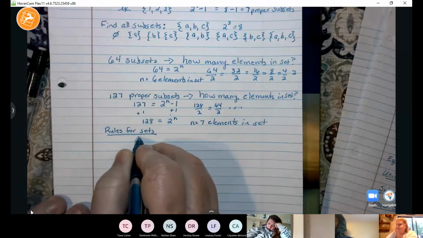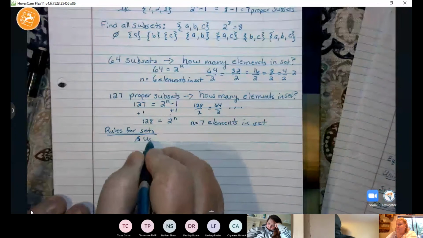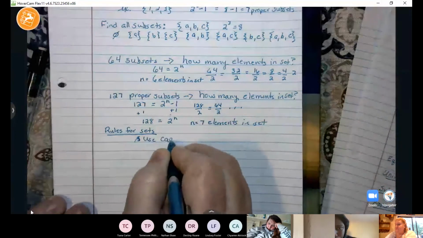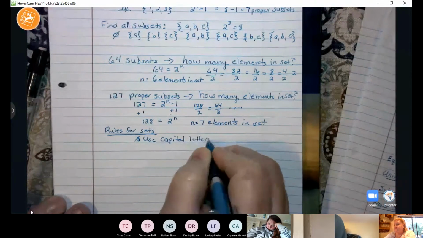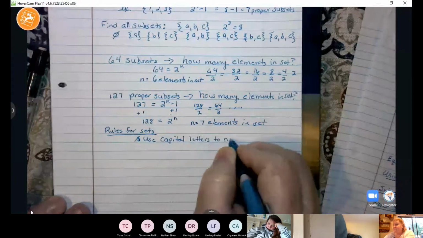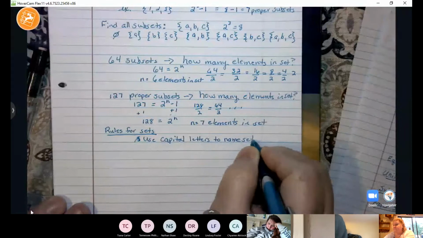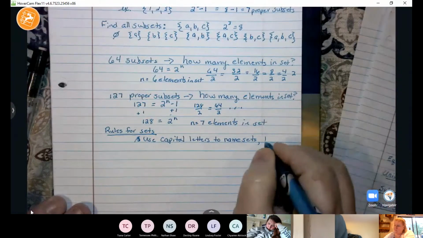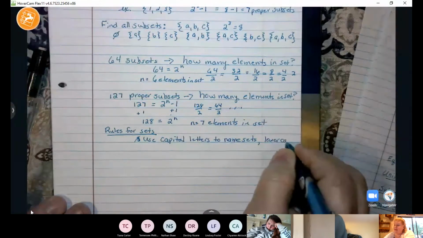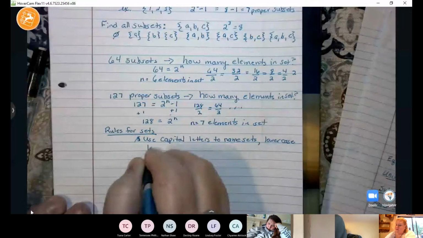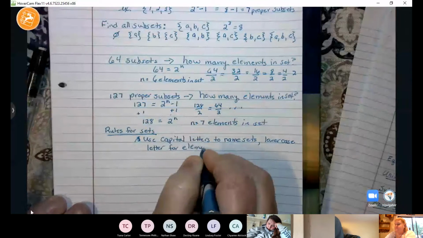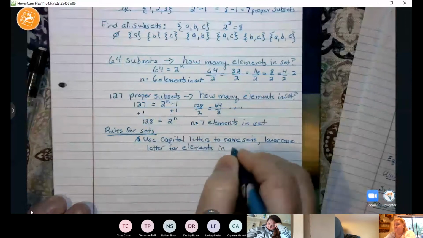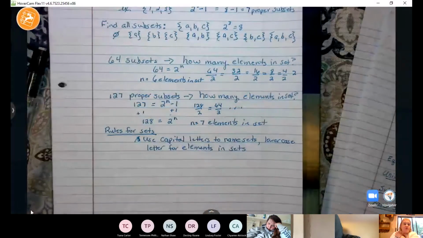We use capital letters to name sets. Lowercase letters for elements. That is a general rule. That is not an absolute rule.